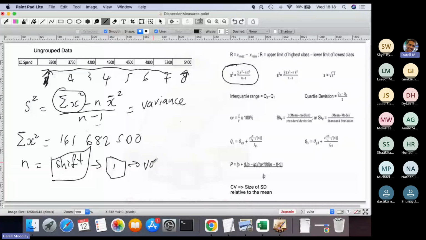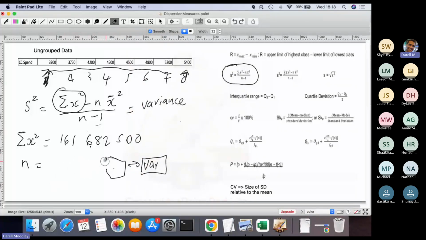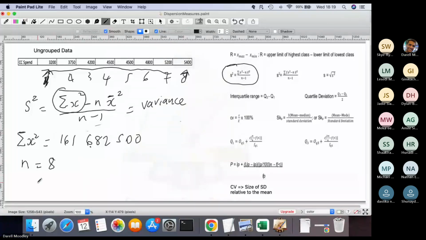You'll see n there. Select n and press equals, and you should get a value of 8. Now your calculator is doing all the work for you. It's finding the values for the equation. All right, so we've got our n.